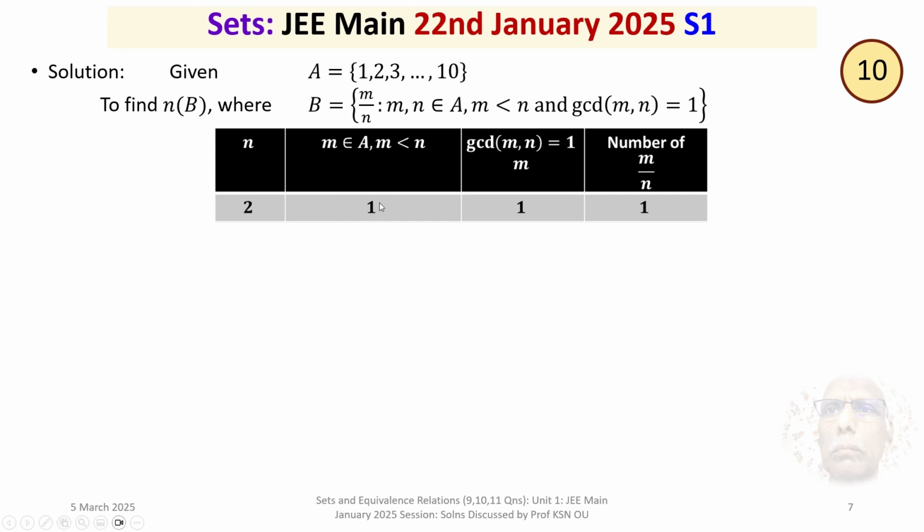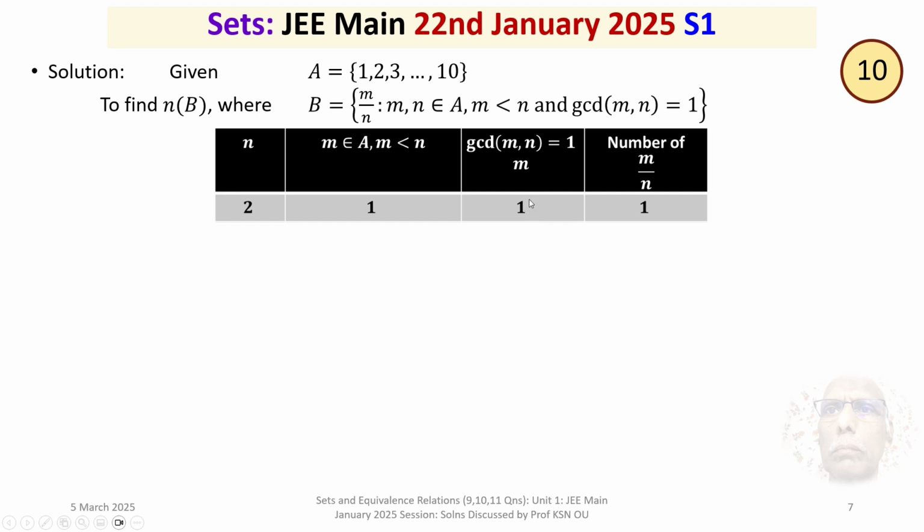And out of these m's, how many of them are relatively prime to n? GCD of 2 and 1 is 1. So what are the elements less than n which are relatively prime to n? It's only 1.